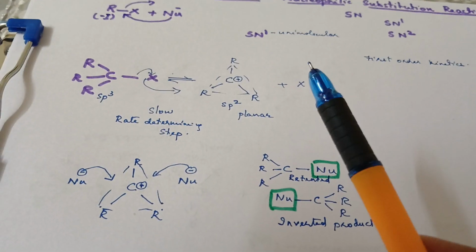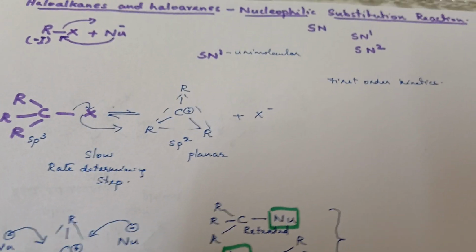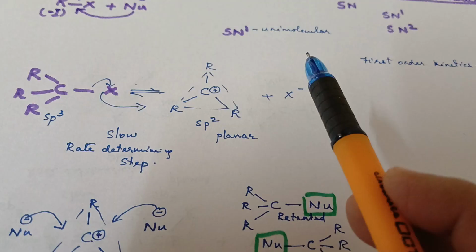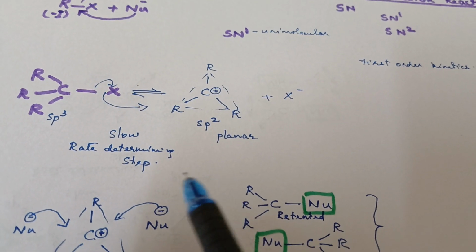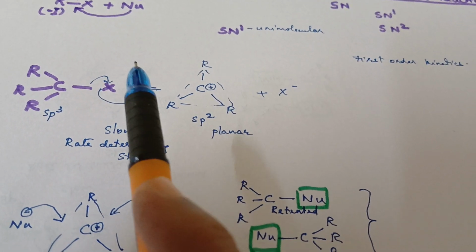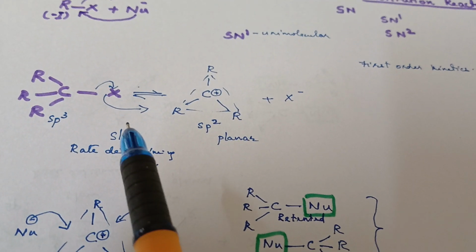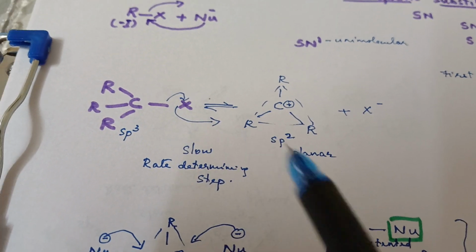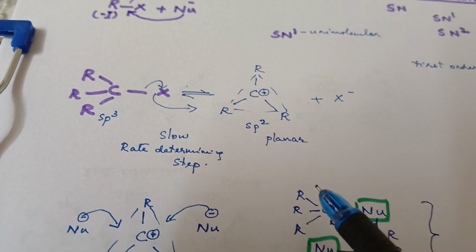So this occurs according to the first order kinetics. It is unimolecular because in the rate determining step, which is the first step, you have only alkyl halide. So alkyl halide is the only reactant which determines the rate of the reaction.